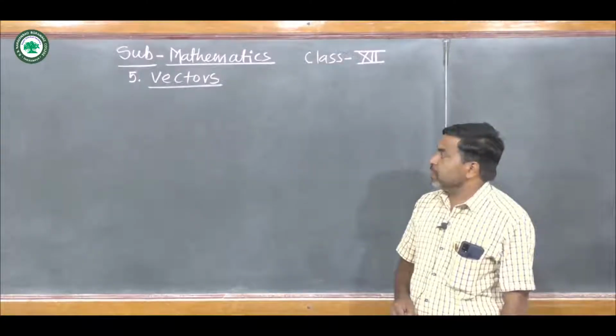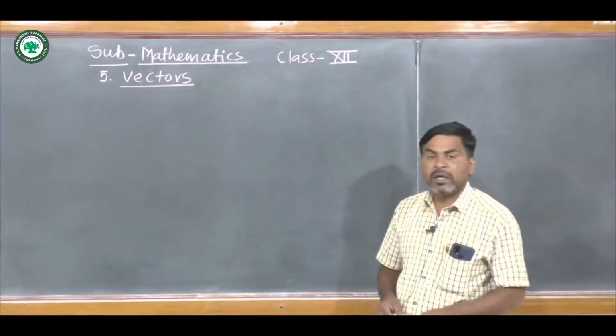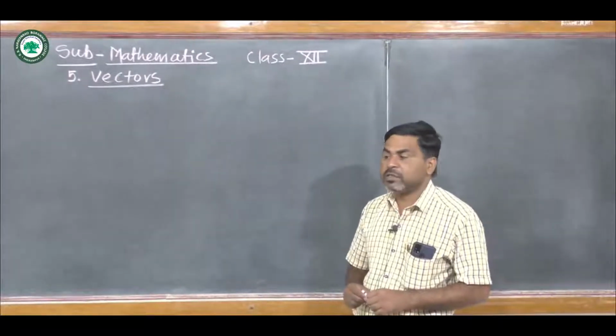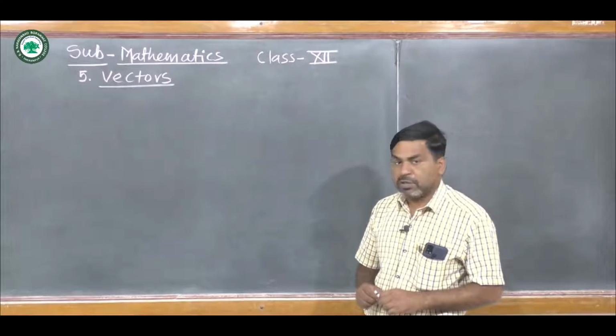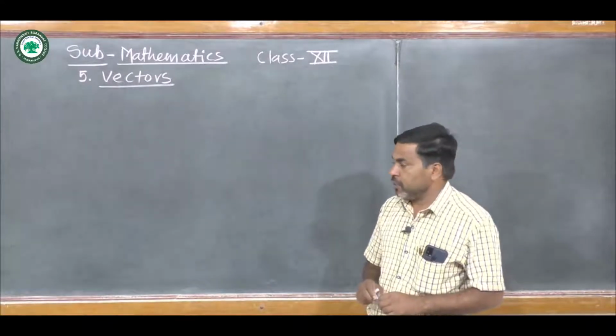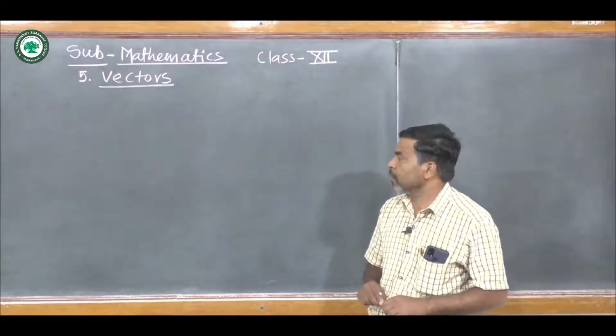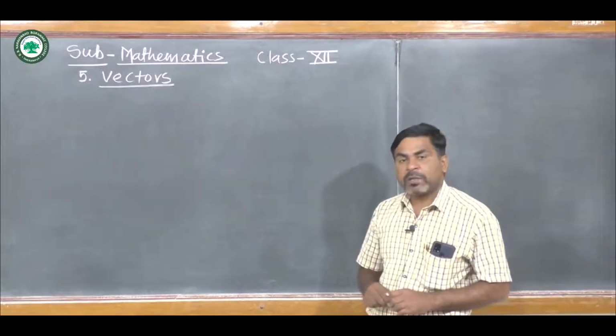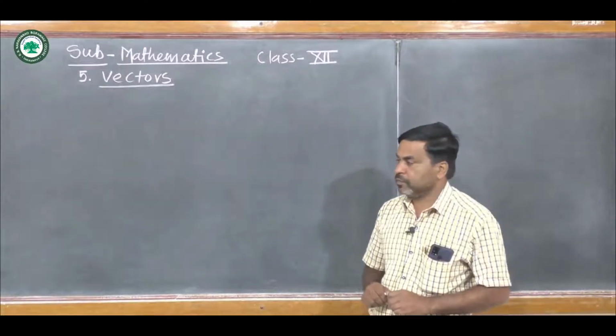In the previous lecture, we have seen projections, direction angles, direction cosines, and direction ratios. Today, we are going to see vector product of two vectors.